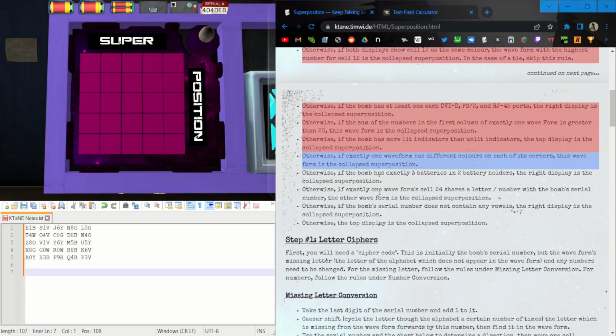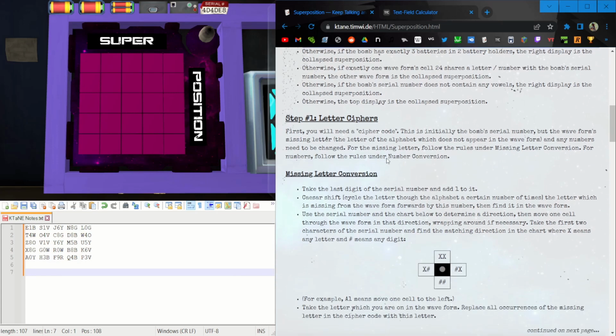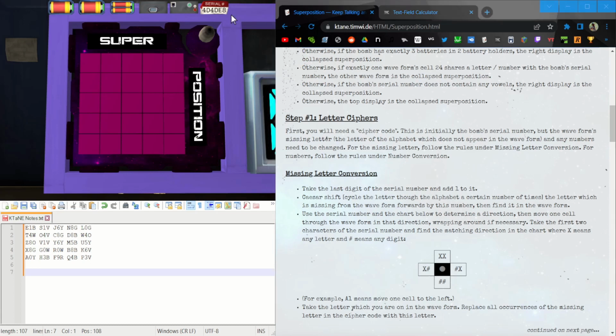So we're going to go through each of these subsets, starting with step 1, the letter ciphers. First, I need a cipher code. This is originally the serial number, so it's right here. We're going to write it down: 4, Delta, 4, Delta, Echo, 8.